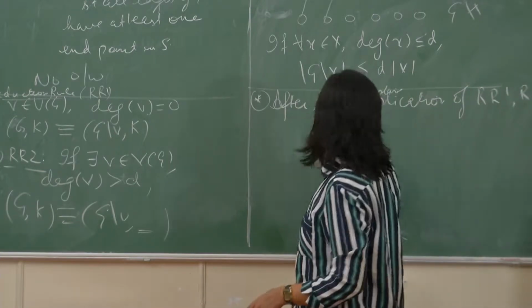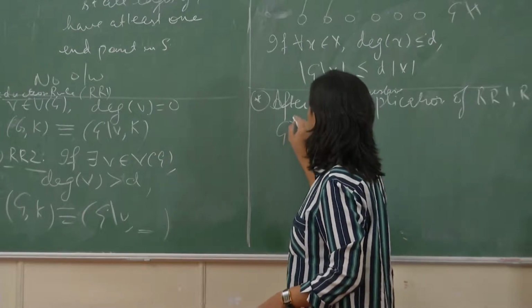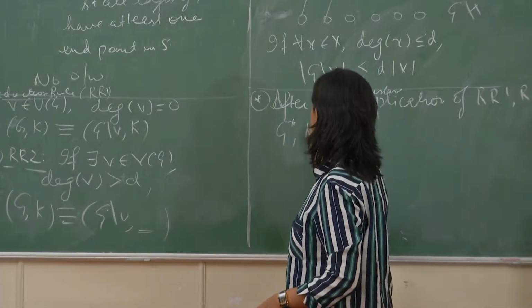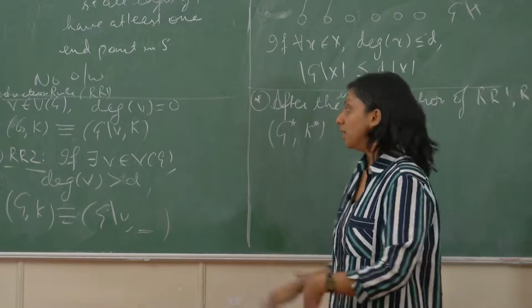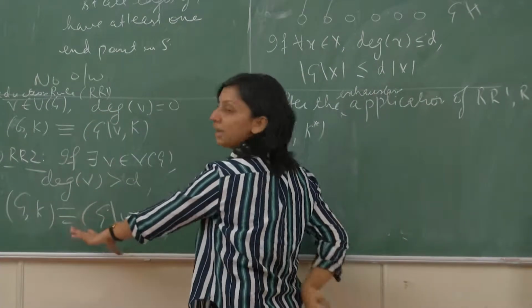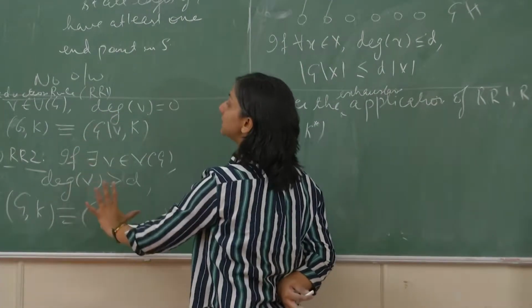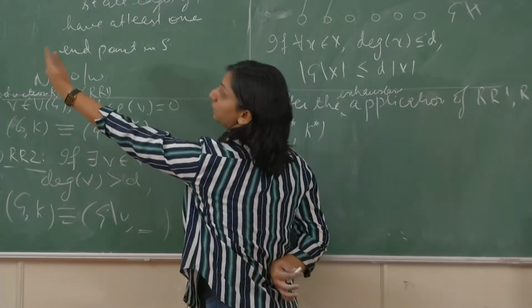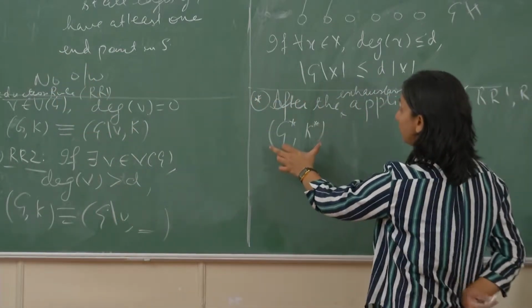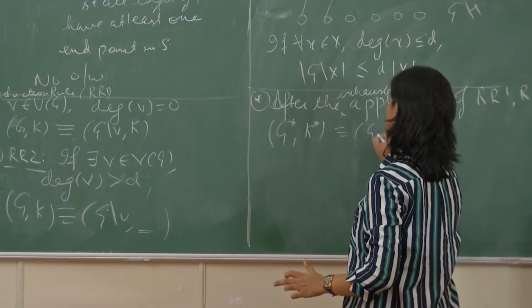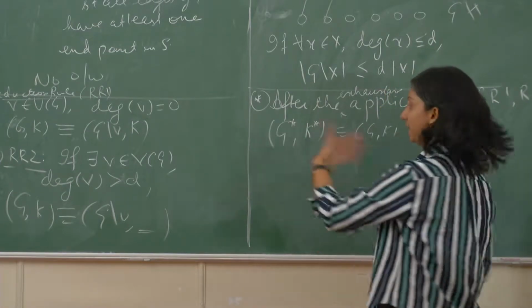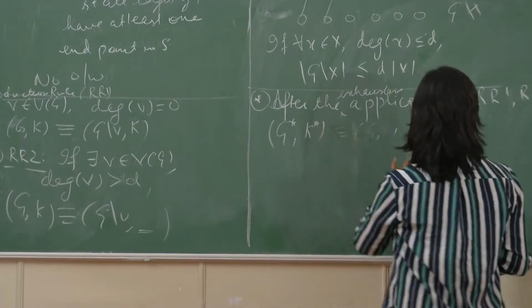Let's say after the application of this reduction rule, we get an instance G star, K star. Because these reduction rules are safe, I'll prove the safeness of this, and equivalence is a transitive thing, I know this is an equivalent instance to G, K. So anyways, I only have to solve the problem on this.